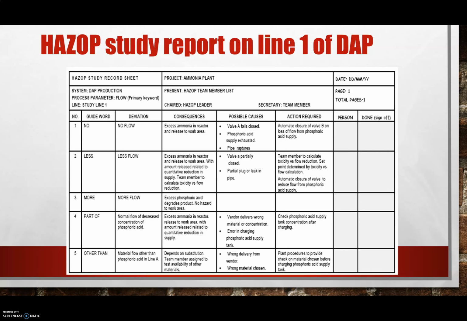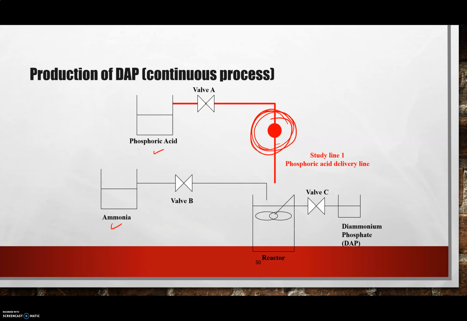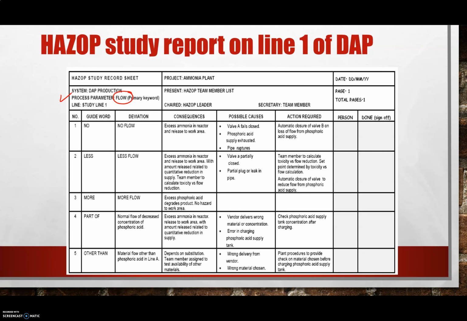Now, the flow, or the process parameter, has been identified inside the process or the HAZOP studies information. So it just focuses on flow in this study. The flow of phosphoric acid delivery line. So the flow with guide word no will cause a deviation of no flow.